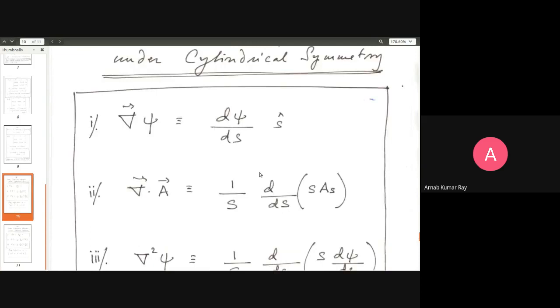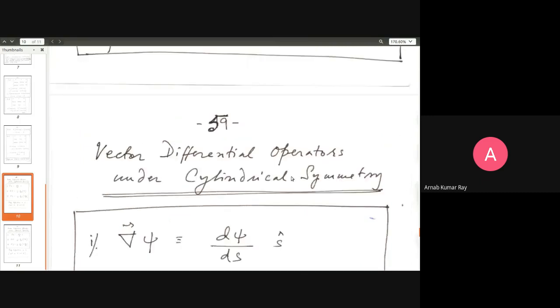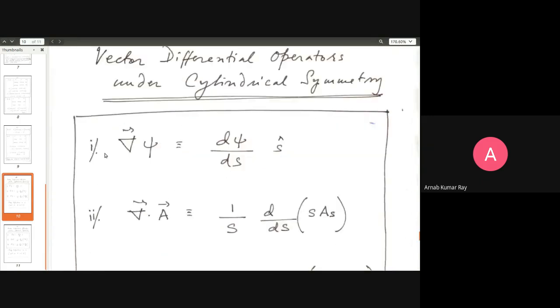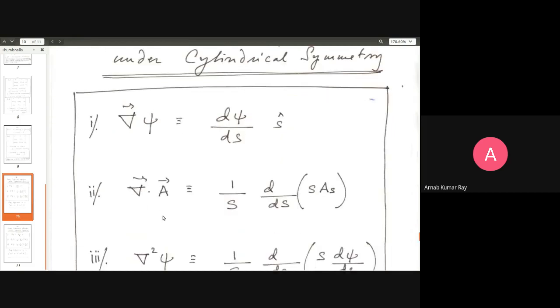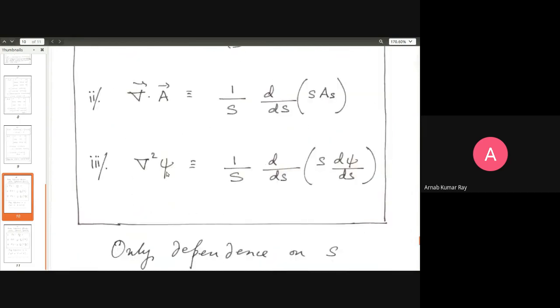I'm not asking you to memorize these things. Usually in the examination, you will be provided a table of formulae of the cylindrical and spherical polar coordinate system for the derivatives only. For instance, you have gradient of psi, divergence of A, Laplacian of psi.